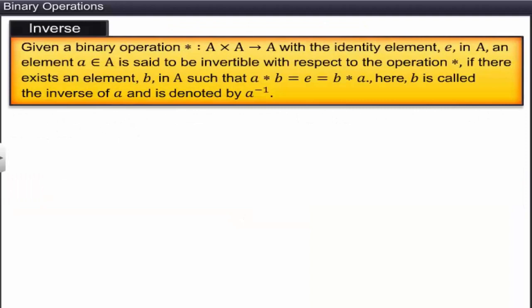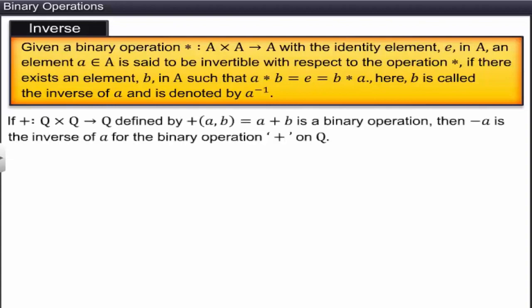Given a binary operation star on A with the identity element E in A, an element A belonging to set A is said to be invertible with respect to the operation star if there exists an element B in A such that A star B is equal to B star A is equal to E, where B is called the inverse of A and is denoted by A raised to the power of minus 1.